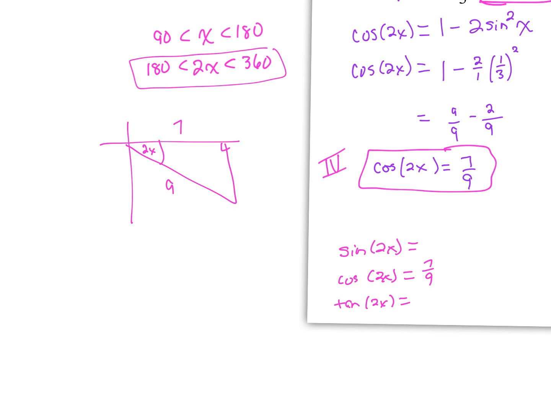Okay, we've got to do the Pythagorean theorem on this one, don't we? So 81 minus 49 equals y squared. So y squared equals, what is that, 32? So when we take the square root of that, that's 16 times 2, so 4 root 2.